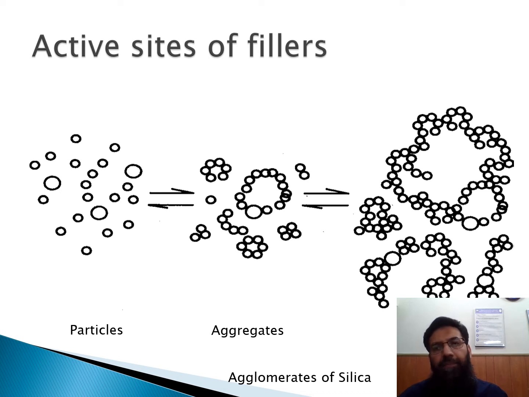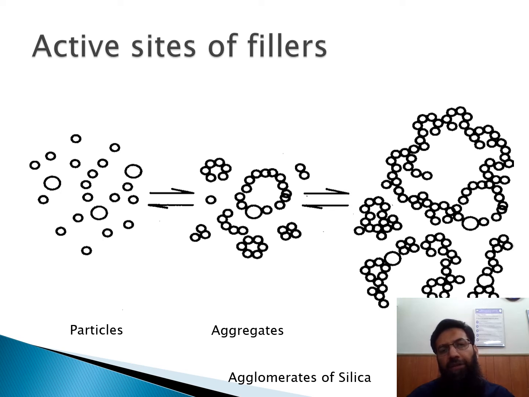So when we talk about the presence of active sites, in silica the active sites are more detrimental as compared to carbon black, and the presence of active sites like the silanol or hydroxyl group on the surface of silica would actually restrict the silica from the reinforcement mechanism.